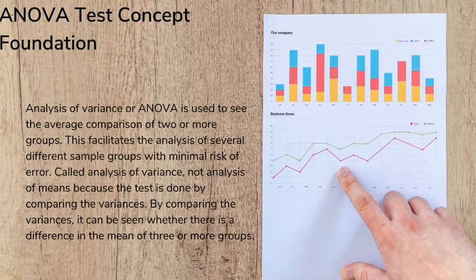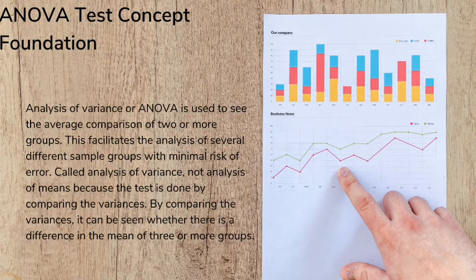Next is ANOVA Test Concept Foundation. Analysis of variance or ANOVA is used to see the average comparison of two or more groups. This facilitates the analysis of several different sample groups with minimal risk of error. It is called analysis of variance, not analysis of means, because the test is done by comparing the variances.